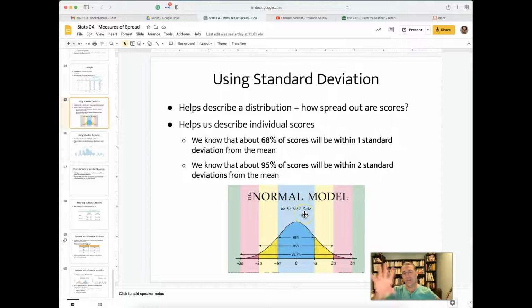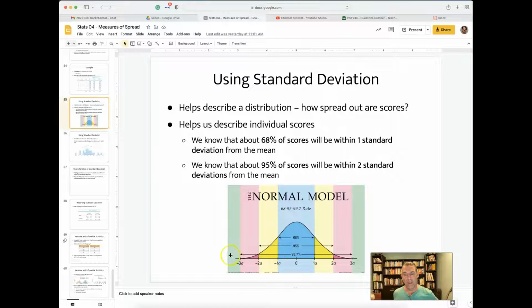It's useful to know that if you have a normal distribution, this bell curve here is what we refer to as a normal distribution. If you have that, what we will find is 68% of the scores are within one standard deviation on either side of the mean.